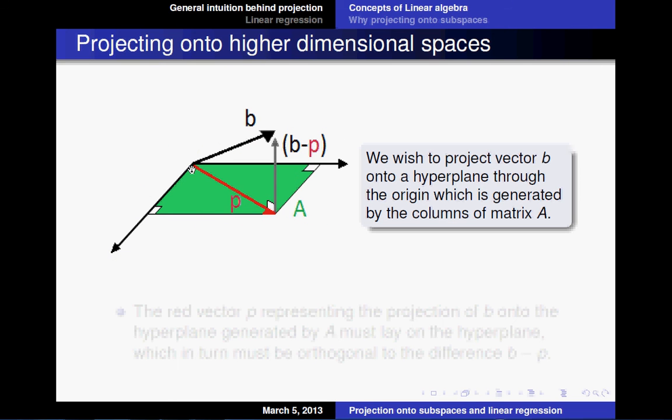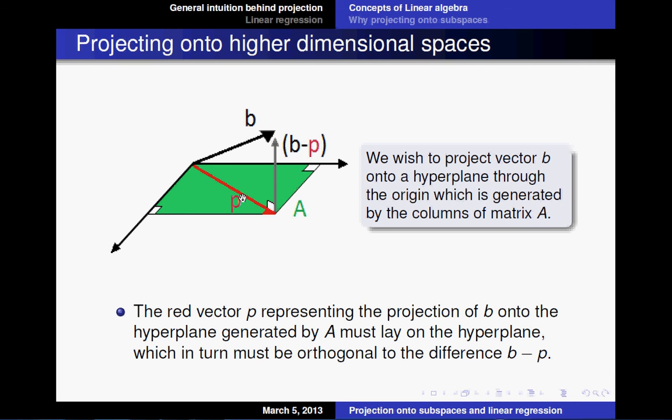Suppose we want to project the vector B not on the line through a vector, but on a plane which is generated by the columns of a matrix capital A. Once again the projection must lie on the plane, so the projection must be a linear combination of the columns of A, and at the same time the error vector, the difference between B and P, must be orthogonal to each vector in the plane.